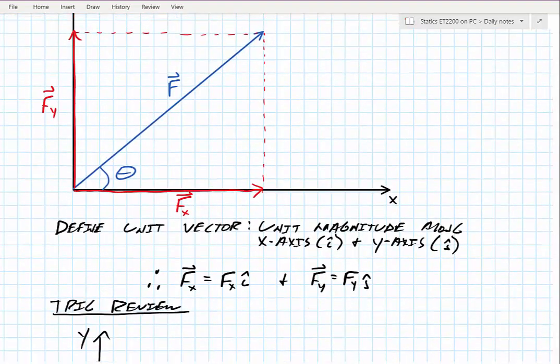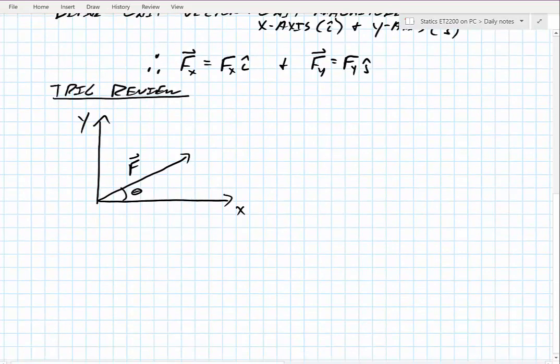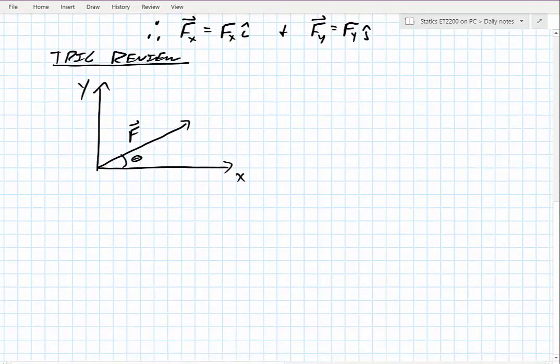Well, I can see with this f_y, I could just move it over to this other side and add it in essence head to tail. Well, that's basically what happens when we're looking at these components of these vectors. So in this case, looking at the projection straight down, I end up with some kind of vector in the x direction, my component in the x direction, and I have a component in the y direction.